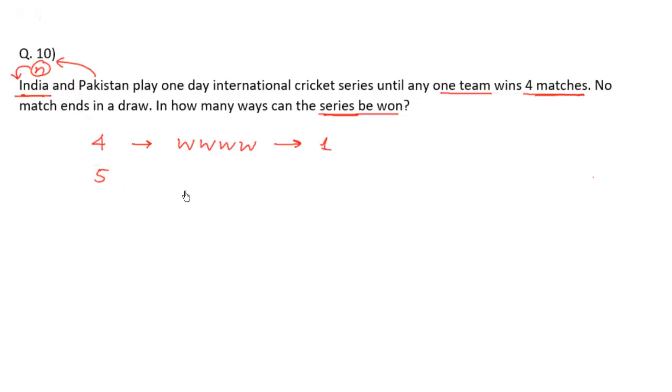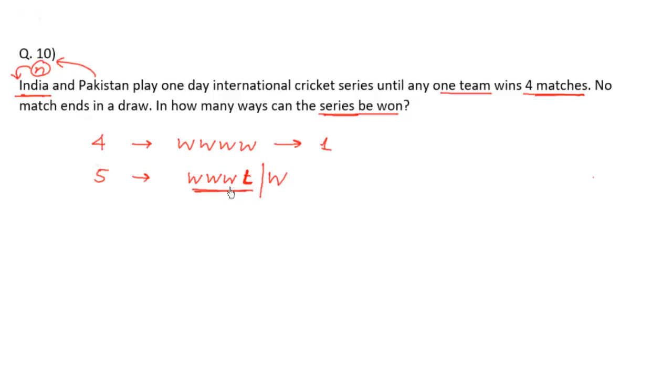But if the series ends in 5 matches, then the only way it can happen is that the 5th match is won by India, and that would be the 4th win of India, right? And in the previous 4 matches, there will be 3 wins of India and 1 loss by India, right? This particular thing can happen in various ways.